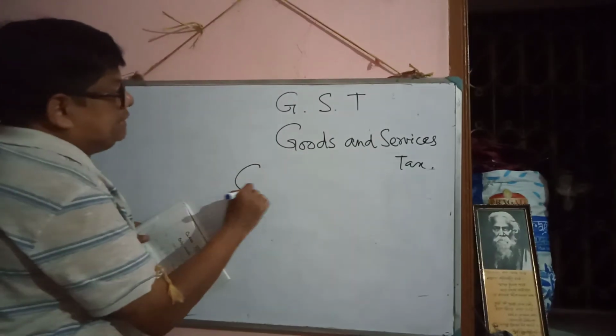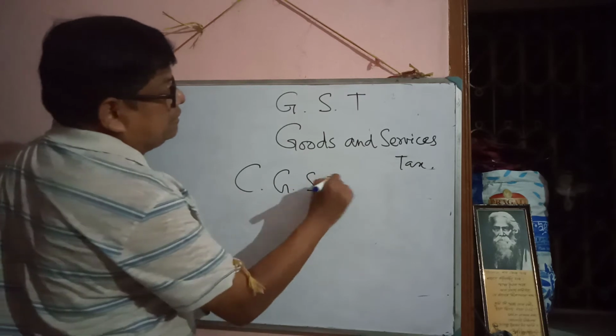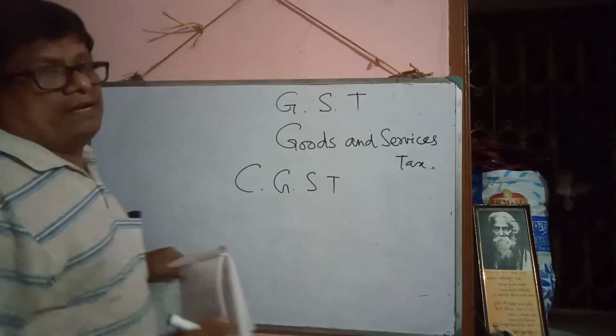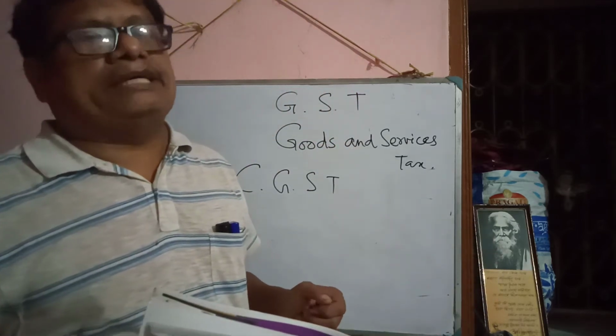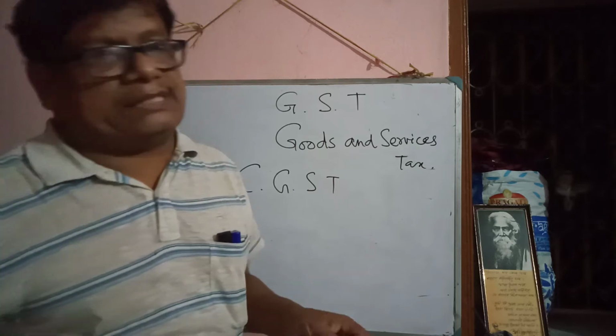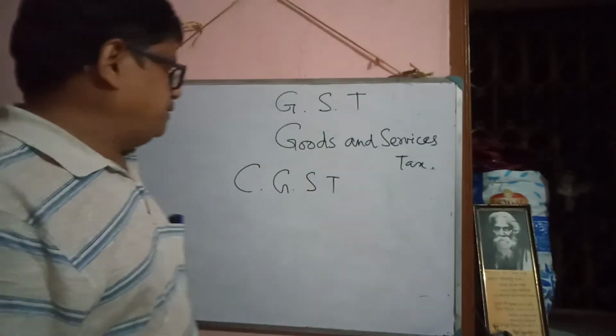Suppose like CGST, this is central. So remember, GST is one type of tax, that is goods and service tax. There is central GST and state GST. Keep in mind, central, and our West Bengal government is the state government. Okay.